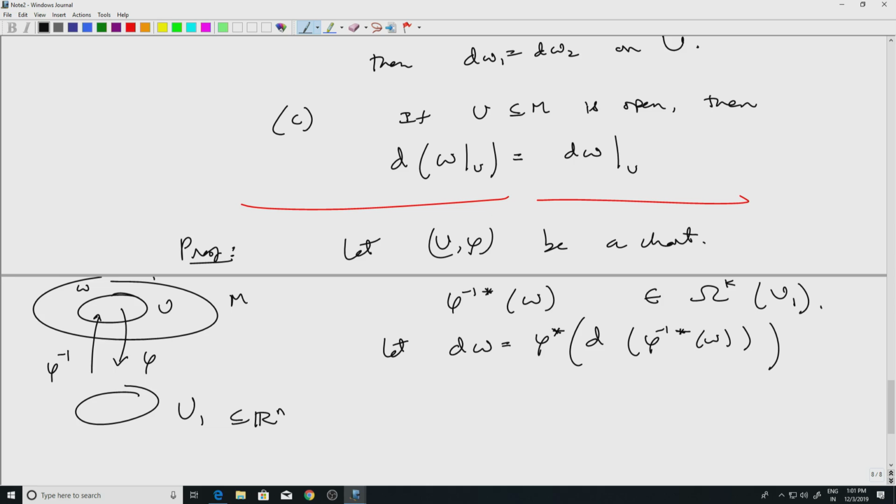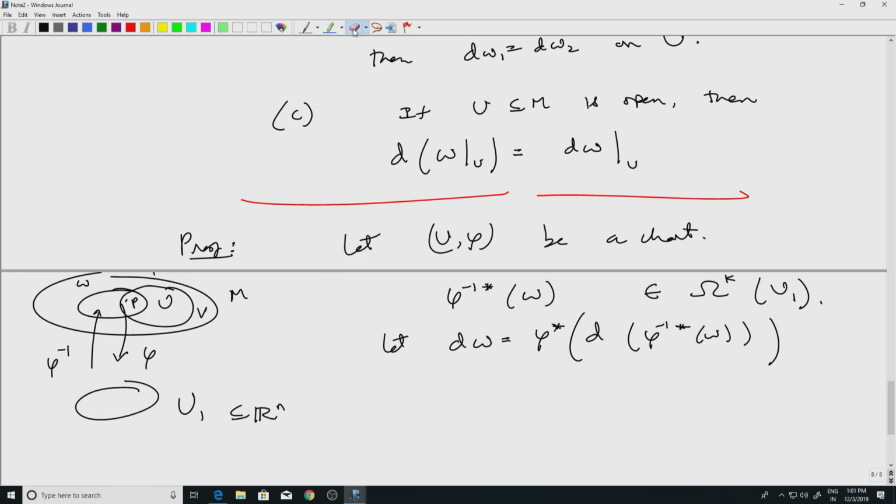So the main question is, the same point p can very well be contained in another chart V. What I should get on the right hand side should be the same even if I start with V. So let's check that. V comes with its own diffeomorphism psi, and here is V1.